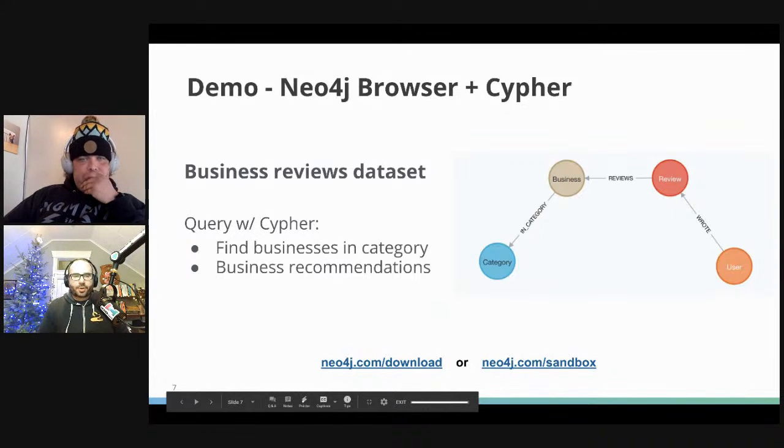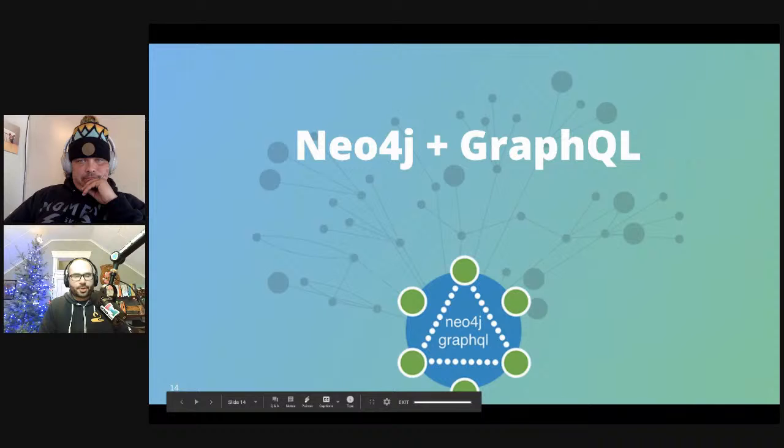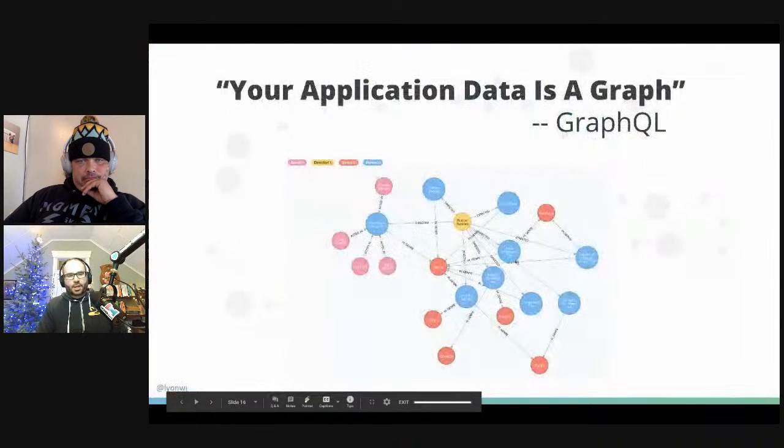We don't necessarily want to expose the database to the world. We want to build some API layer so that our client application doesn't have to necessarily speak Cypher, but can use some common way to interface with the API. And that is where GraphQL comes in.